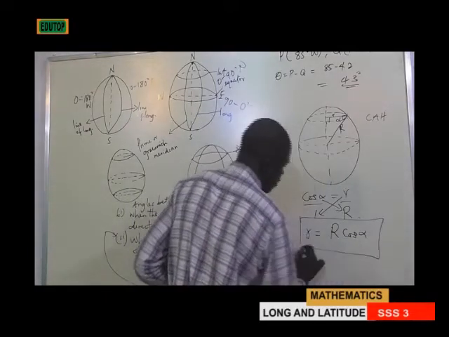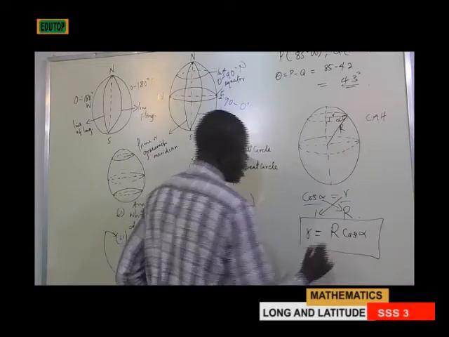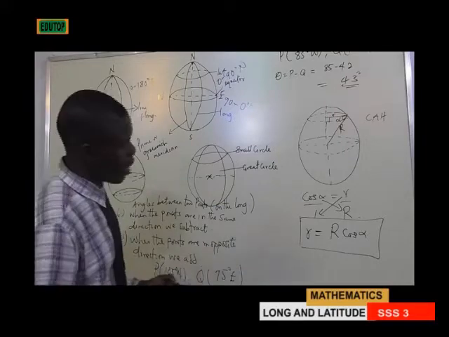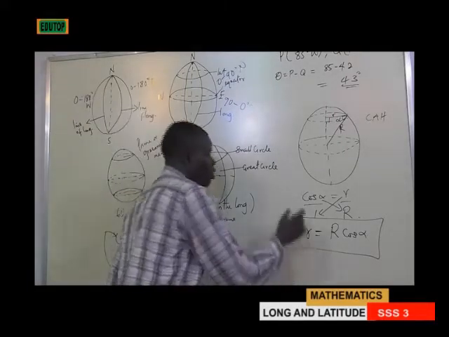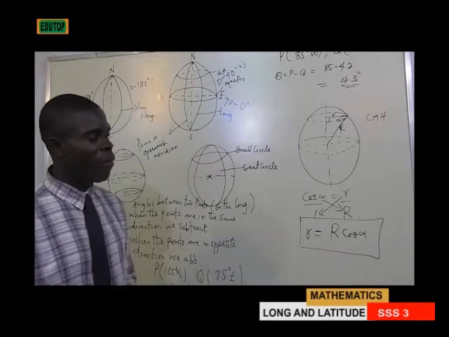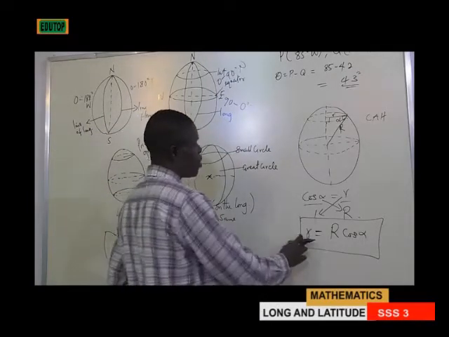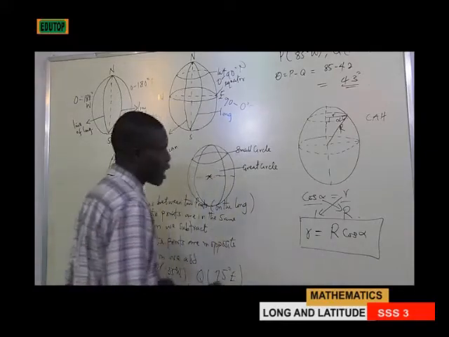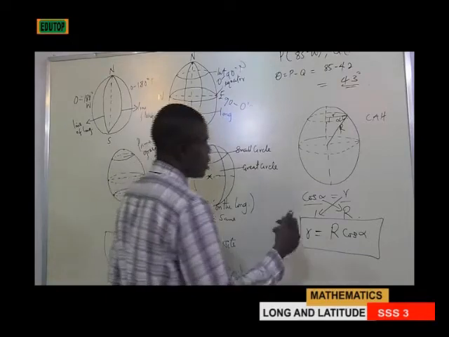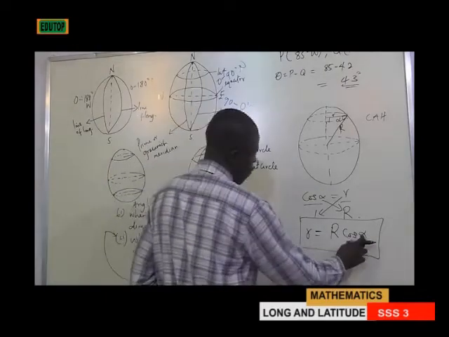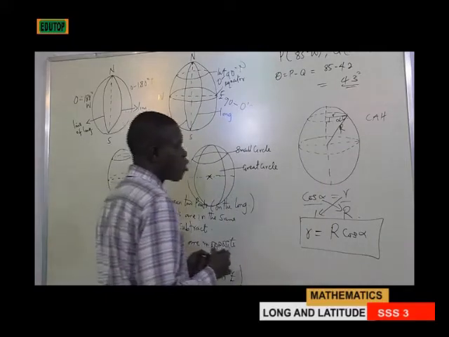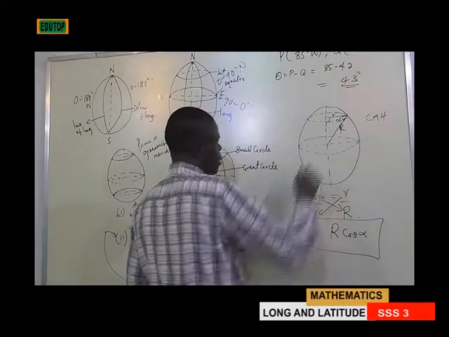So this is a very fundamental formula in longitude and latitude. At any point along the parallel of latitude, our radius r is equal to capital R cos alpha, where r is the radius along the parallel of latitude, R is the radius along the longitude, while alpha is the angle of the latitude.